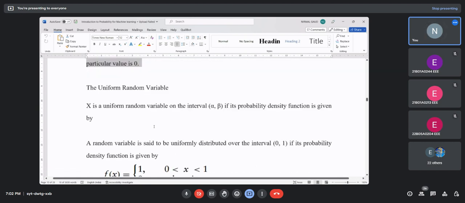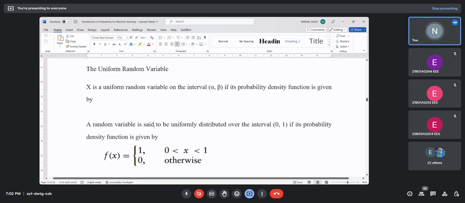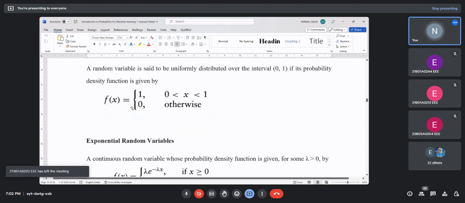Now, uniform random variable, what does this mean? x is a uniform random variable on an interval alpha beta if its probability density function is given by this. Now I'm specific to something.